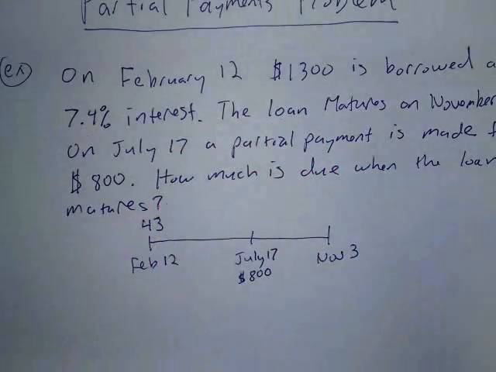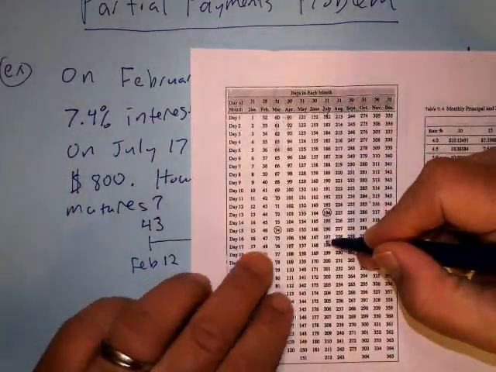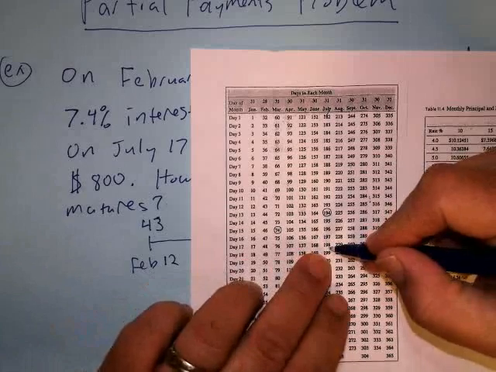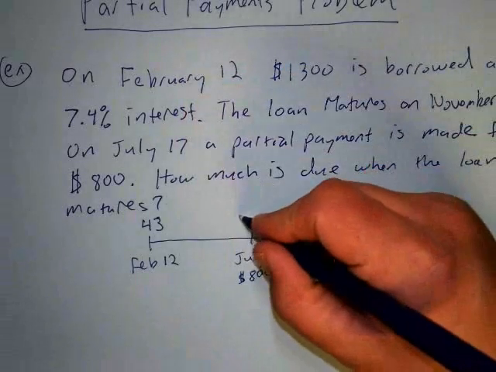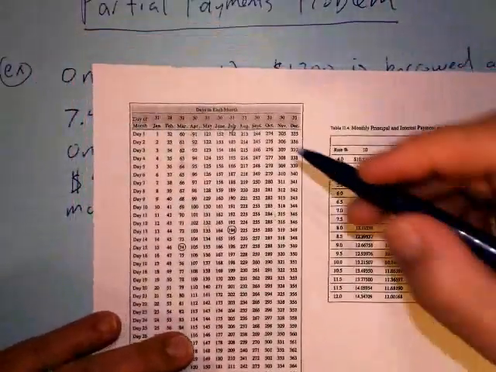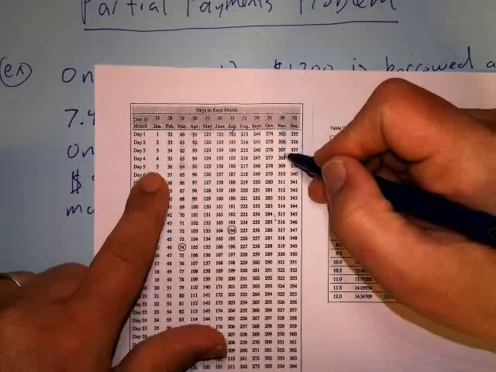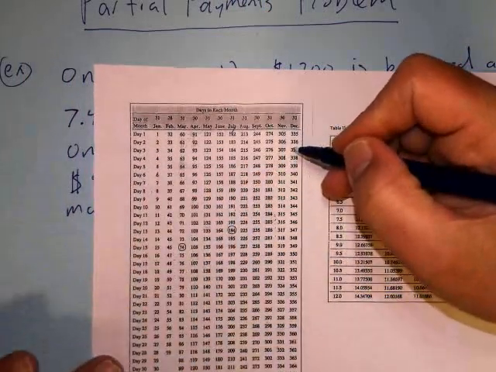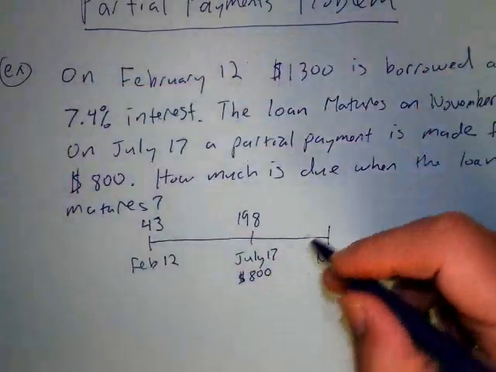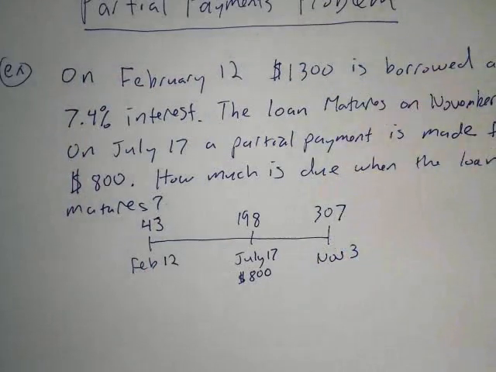July 17th looks like the 198th day of the year. And November 3rd, that's the 307th day of the year, it looks like.